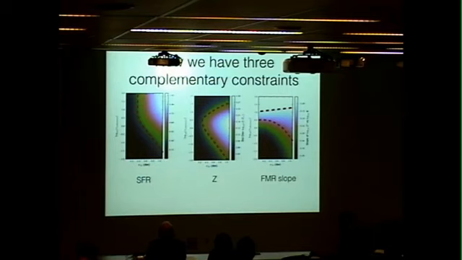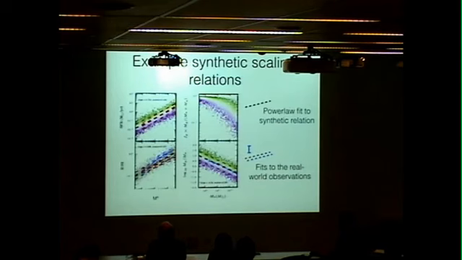So we basically put in scalings for these that would reproduce the redshift 0 star forming main sequence, the mass metallicity relation, and the relationship between gas fraction and stellar mass. And then what we did is we can now systematically vary sigma and the timescales and produce synthetic versions of these relations and then compare them to the observed scatters.